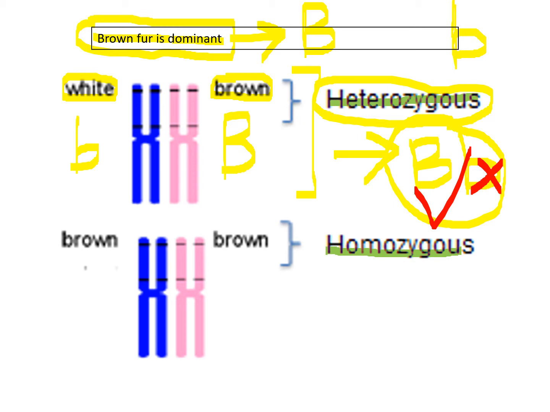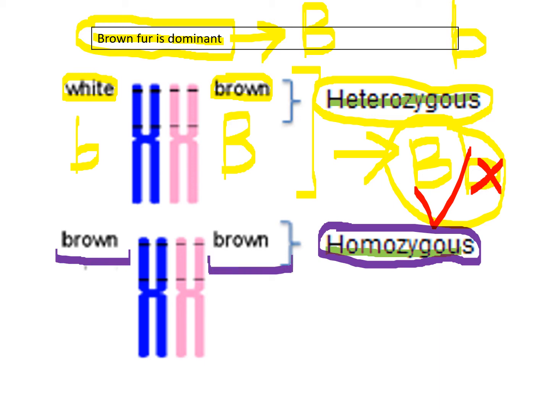Next, let us come to the concept of homozygous. When we look at this homologous chromosome pair, we can see that we contain the allele for the dominant fur color on both chromosomes of the homologous chromosome pair.